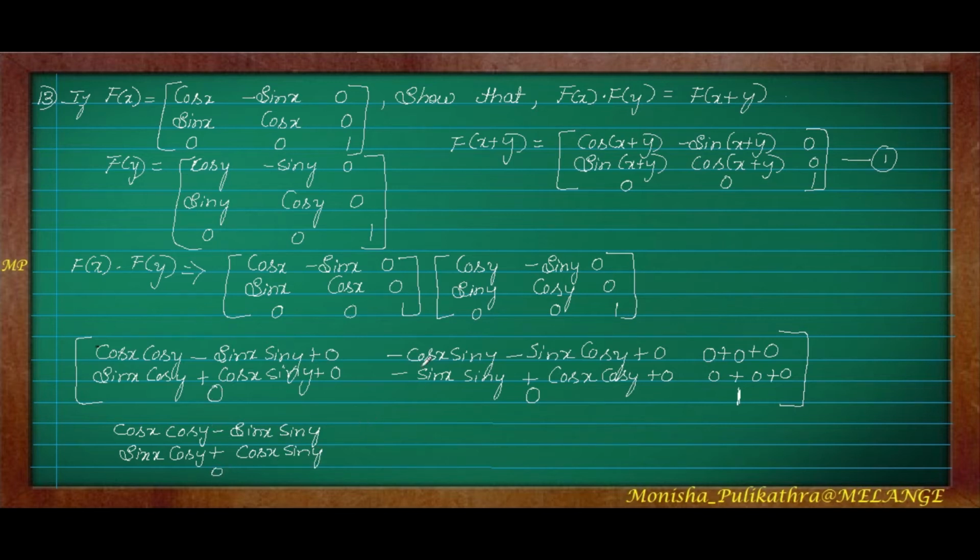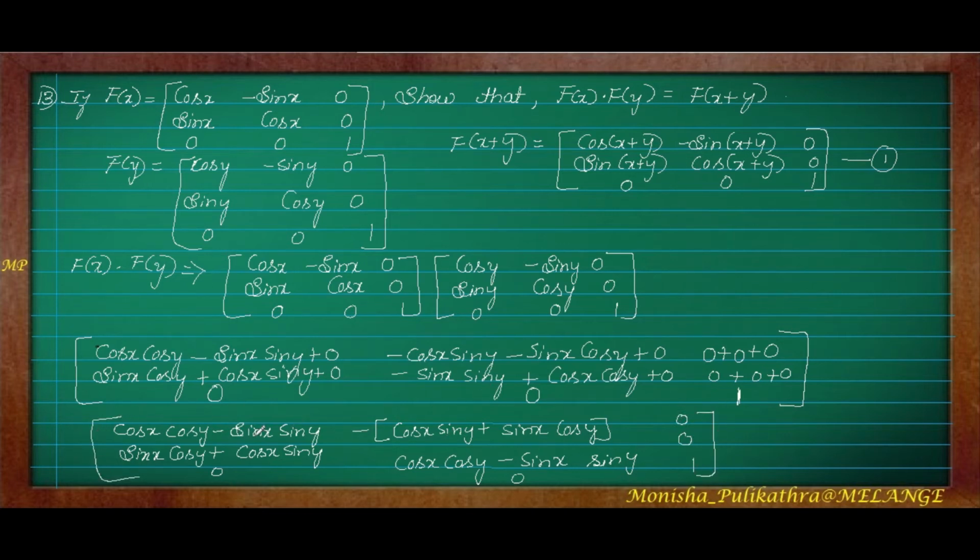In the same way, here minus is there, so I will take minus common, so it becomes cos x sin y plus sin x cos y. Next, I will be writing cos x cos y in the starting point, that is cos x cos y minus sin x sin y. Next 0, 0 and 1.